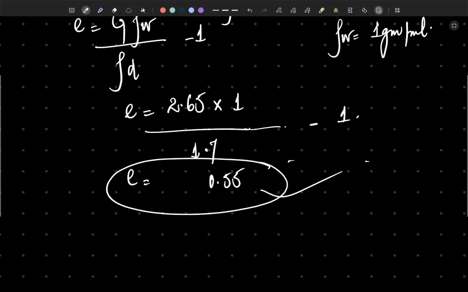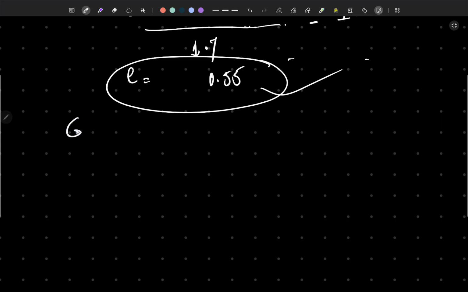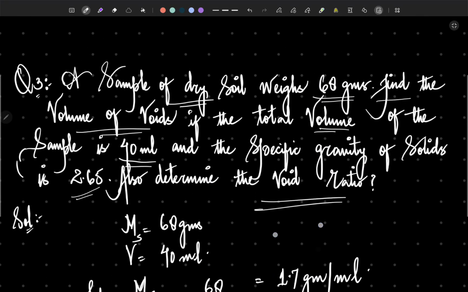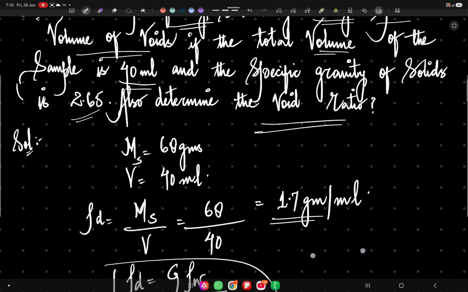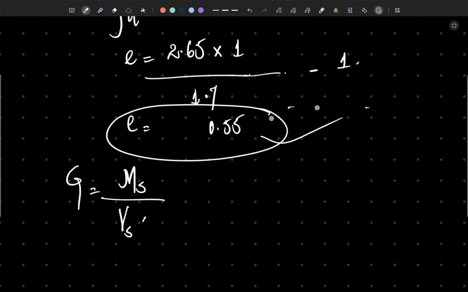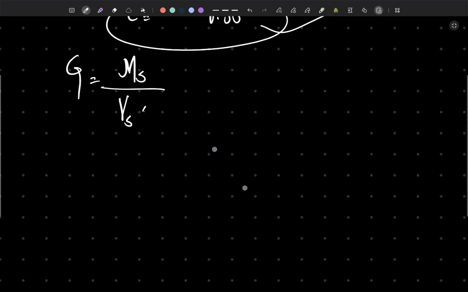And for that, we'll use this expression first. Specific gravity is mass of soil solids divided by volume of solids multiplied by the density of the water. It is given over here. We'll use this. So specific gravity, that thing is given over here.